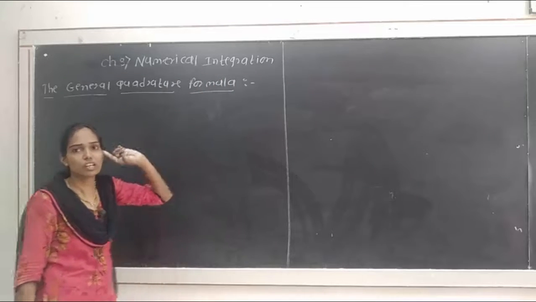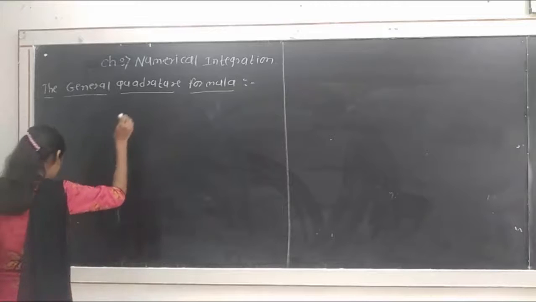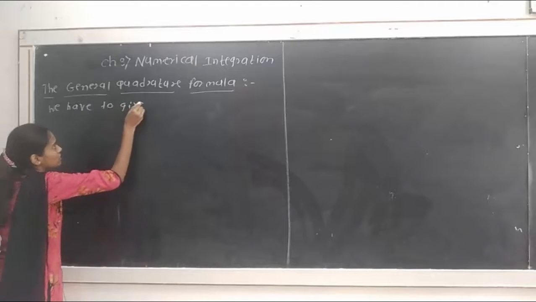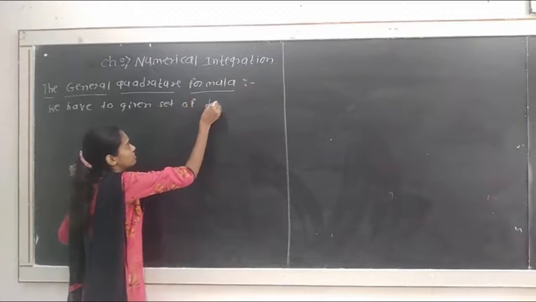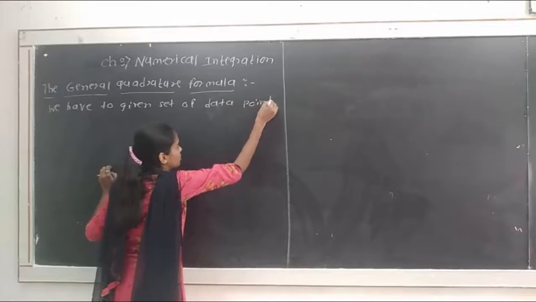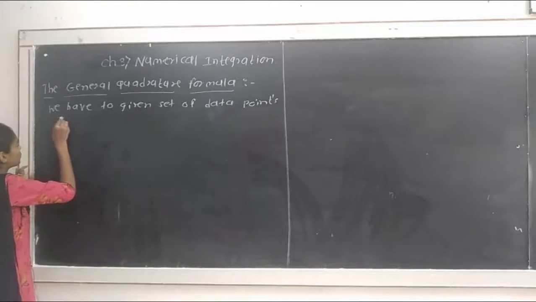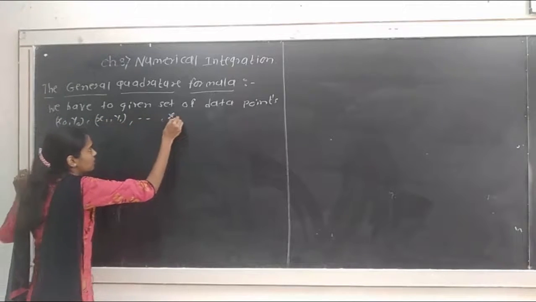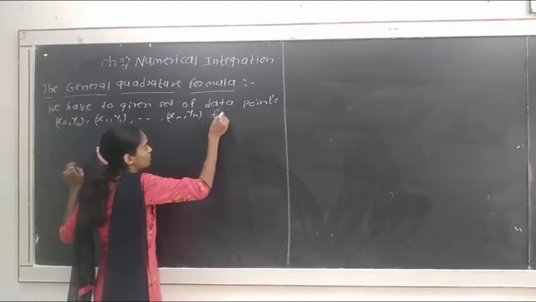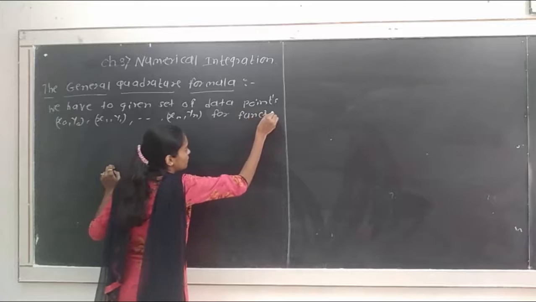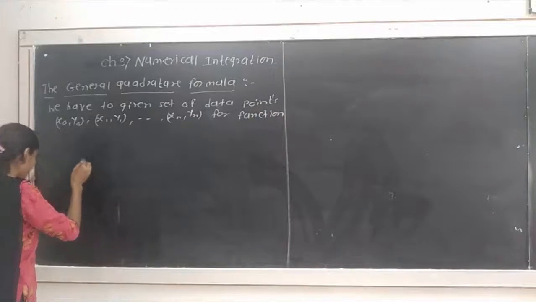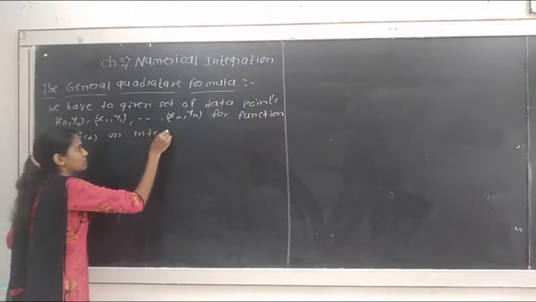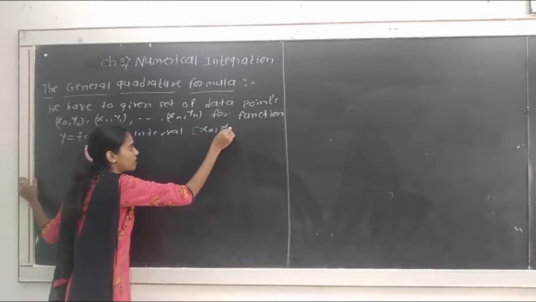For the general quadrature formula, we are given a set of data points such as x0, y0, x1, y1 up to xn, yn for the function y is equal to f of x on the closed interval x0, xn.